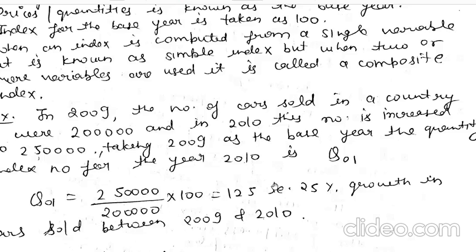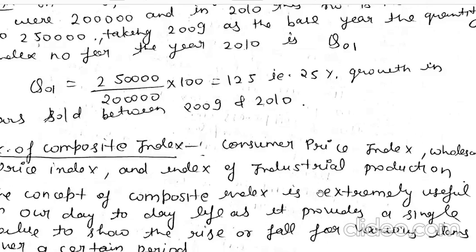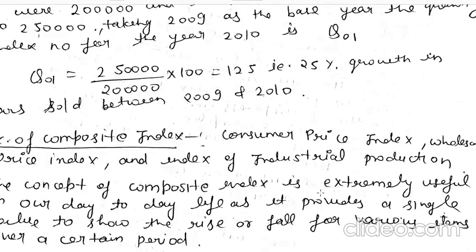So it is 125, which means 25% growth in cars sold between 2009 and 2010. You can count your percentage: 50,000 upon 2 lakh into 100 gives you 25%. So 25% is the increase between 2009 and 2010.